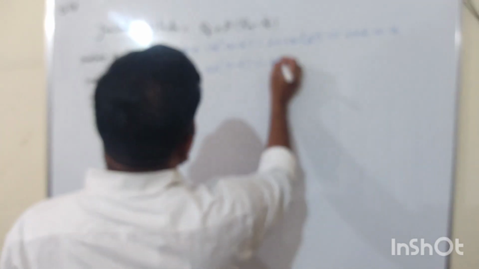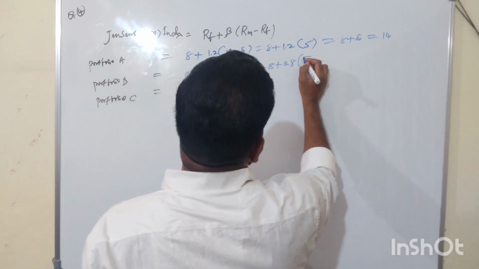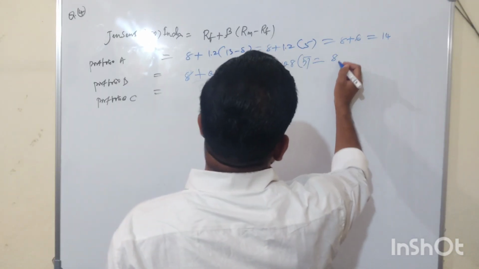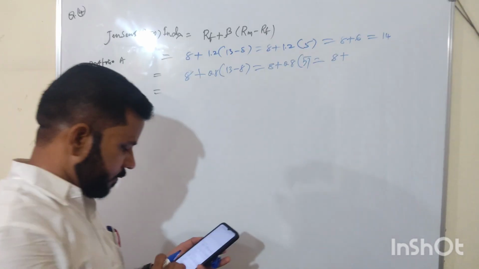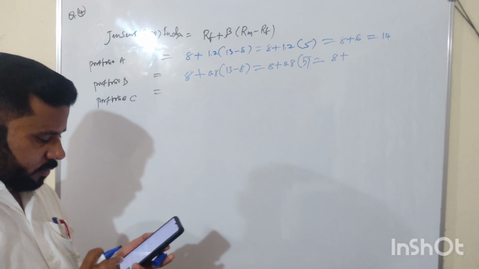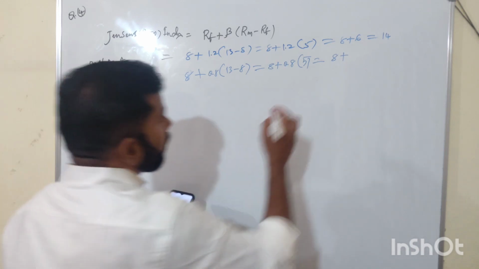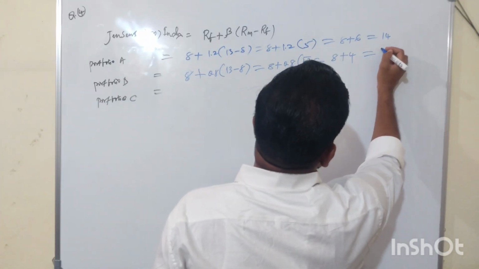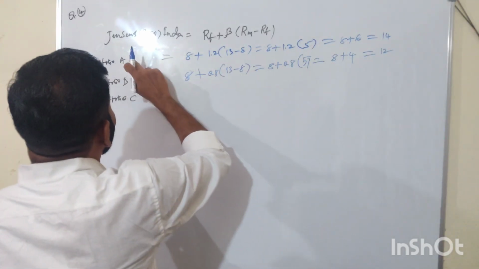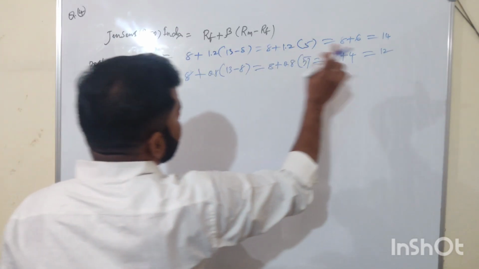So 8 plus 0.8 as it is, then 13 minus 8 becomes 5. Now we multiply 0.8 into 5, we get 4. So 8 plus 4, 12. Just observe, portfolio A's Jensen's ratio is 14. Portfolio B's Jensen's ratio is 12.